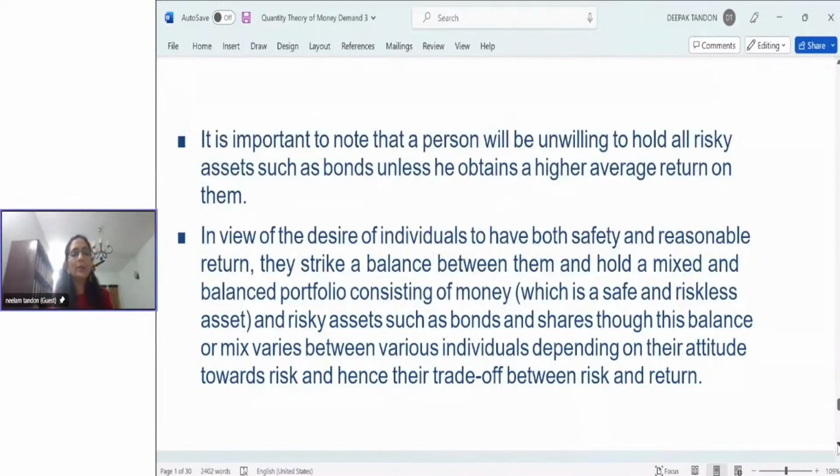So money demand in Tobin's context depends on what? Risk appetite. And it varies from individual to individual, their attitude towards risk, how you perceive risk, how comfortable you are in terms of the trade-off between risk and returns. How do you balance between these two?